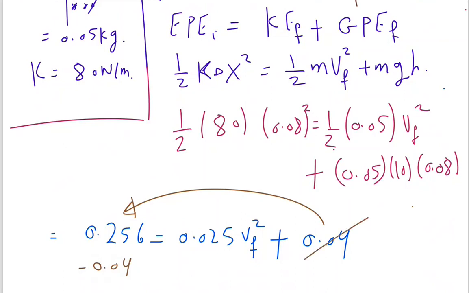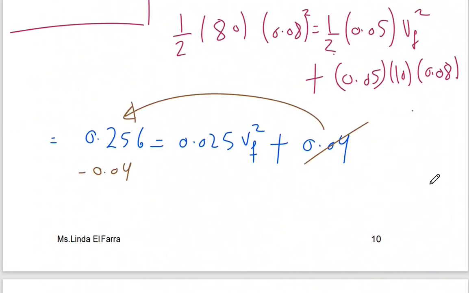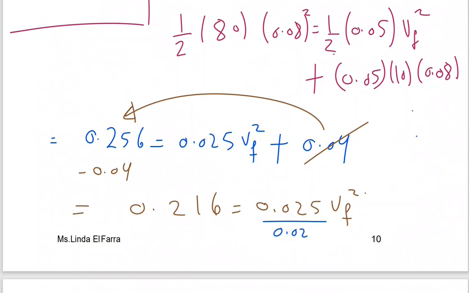So 0.256 minus 0.04 will give us 0.216 equals 0.025 v final squared. Now I'm going to get rid of 0.025: divide both sides by 0.025, and take the square root to get rid of the square.